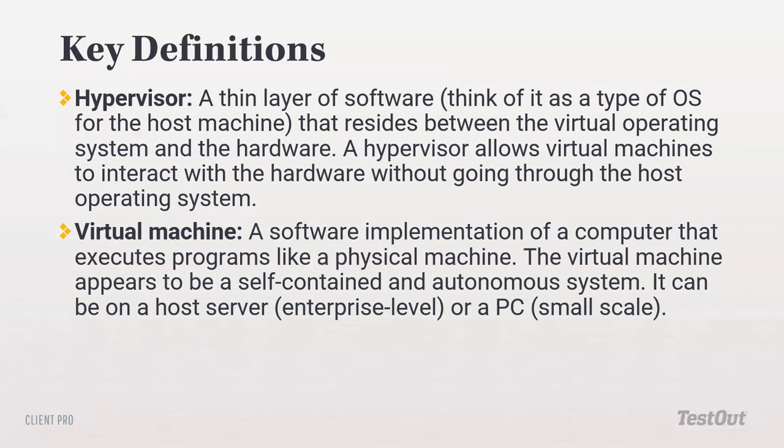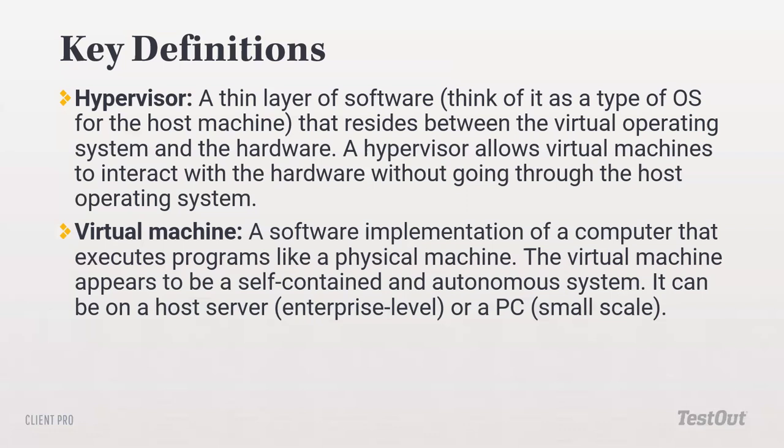You can either have a level one hypervisor or type one, which is a bare metal, sits right on the hardware type hypervisor, or what we're going to be more talking about in here, a type two, which is a host-based hypervisor, such as Hyper-V, which means that you have to have an operating system installed.